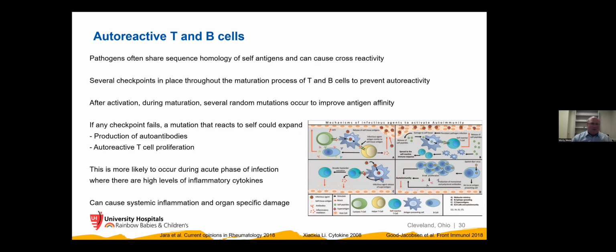And some of those checkpoints are what's stopping B cells from producing autoantibodies. And so in a large infection where you have increased inflammatory response and hypercytokinemia, that might be the situation where there's also unchecking of some of these checkpoints, and you develop several autoantibodies.